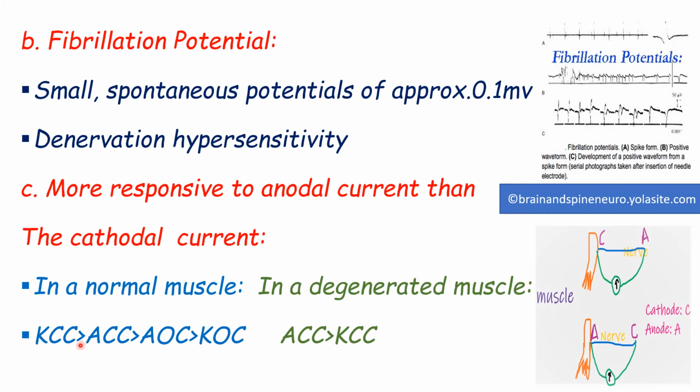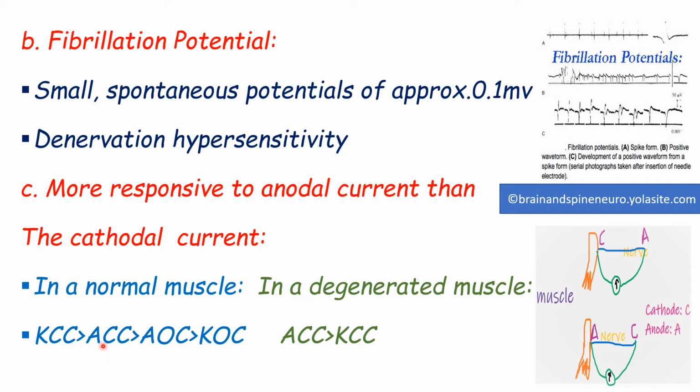KCC is the current flowing through the muscle when the stimulating electrode near the muscle is the cathode, and when the stimulating electrode is the anode, then we call it ACC. So KCC is cathodal closing current and AOC is anodal opening current, KOC is cathodal opening current, and ACC is the anodal closing current.